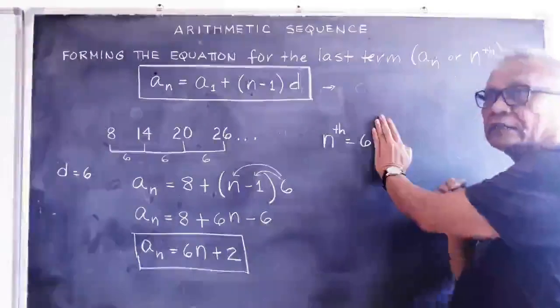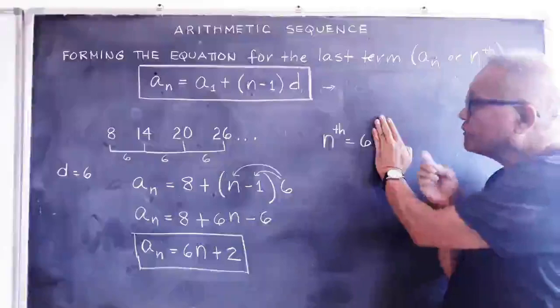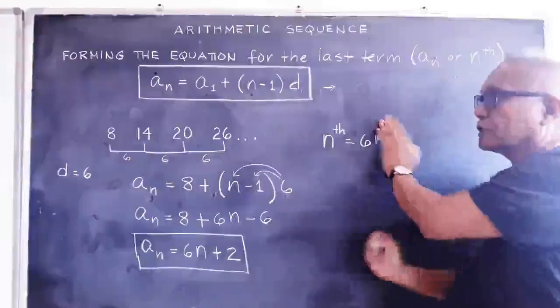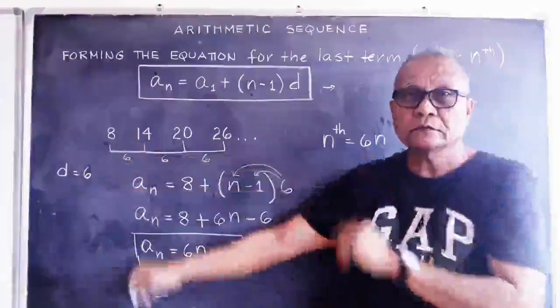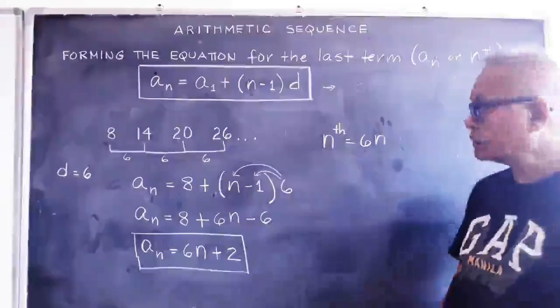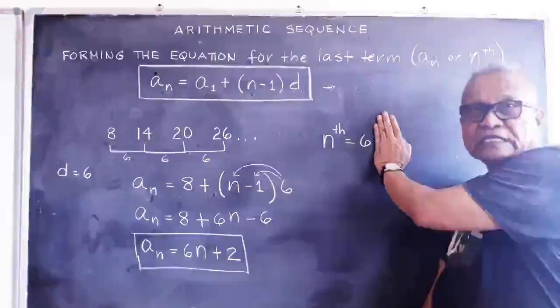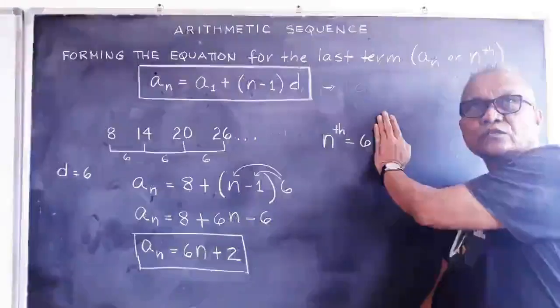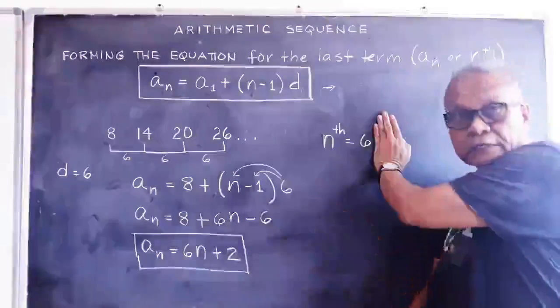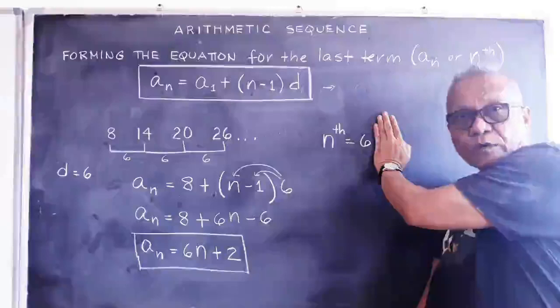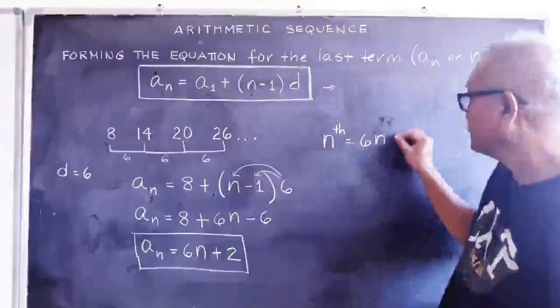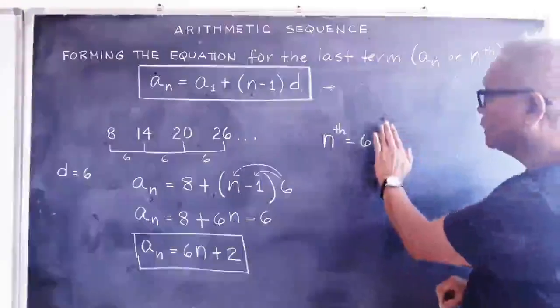So are we going to add or subtract a number from 6 here so that I can get the 8 there? I cannot subtract because if I subtract a number from 6, the value will be less than 6, maybe 5, 4, 3, 2, 1, and that one is 8. So it means I'm going to add a number, plus.